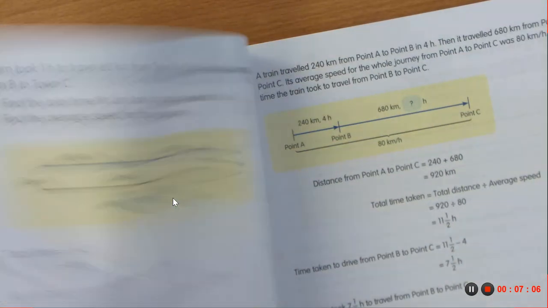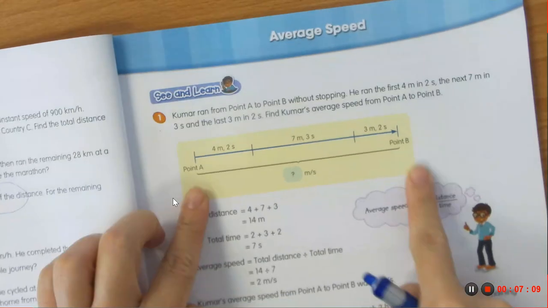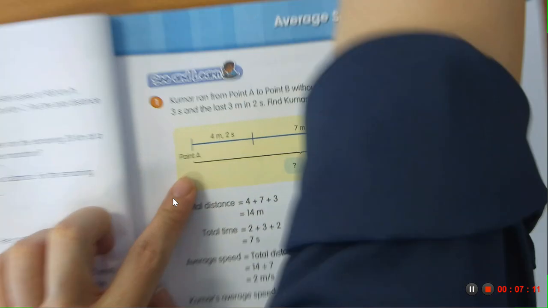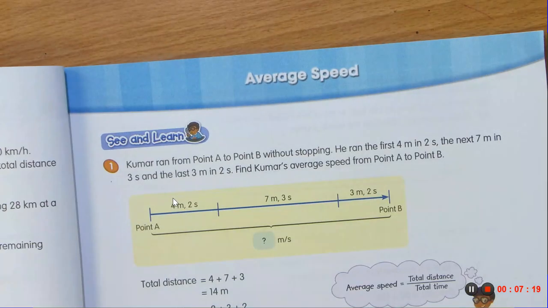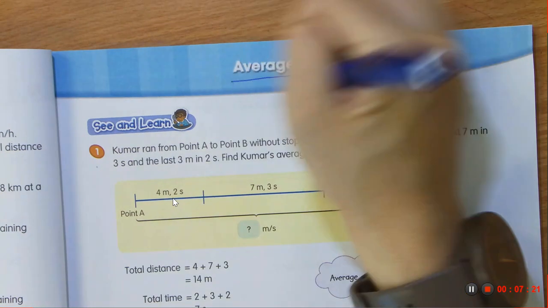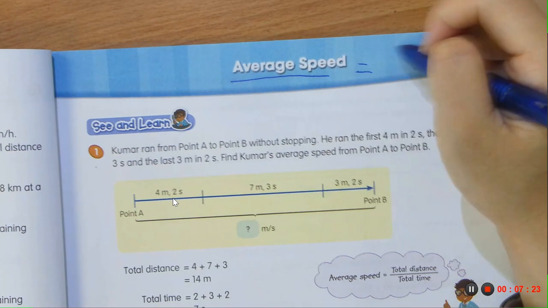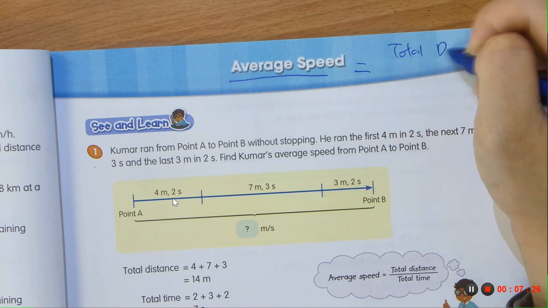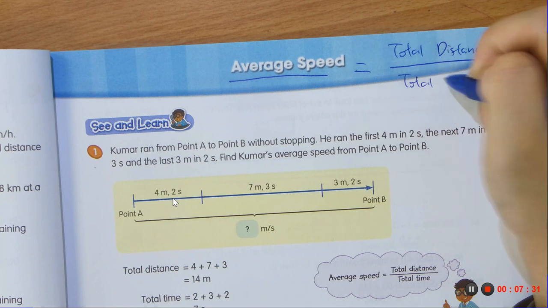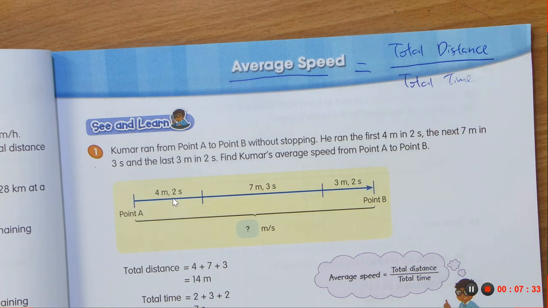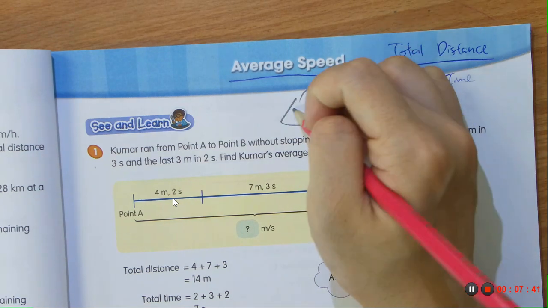You don't have to read the long problems. I want you to study this diagram now. Okay? Now, last week, we talked about average speed being equals to total distance divided by total time. Now, the formula for this is the same as the triangle.